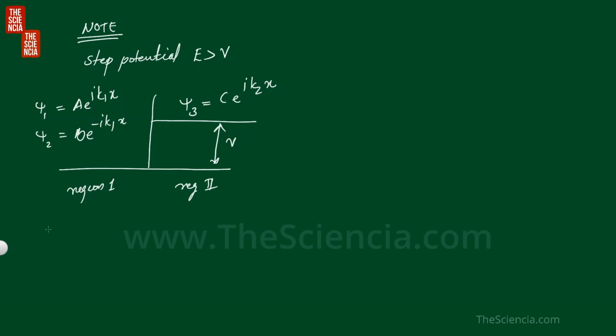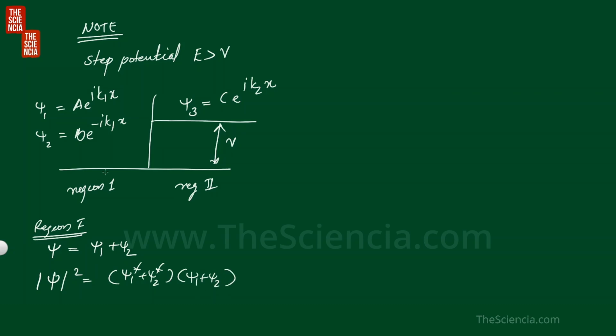That is, in region 1 the total wave function psi is a linear combination of psi 1 and psi 2. Therefore, if you are finding mod psi square, you have to take the conjugate of these terms, that is psi 1 star plus psi 2 star into psi 1 plus psi 2.